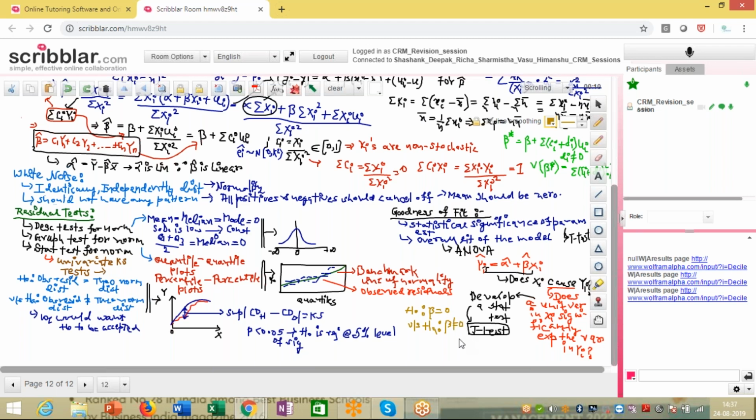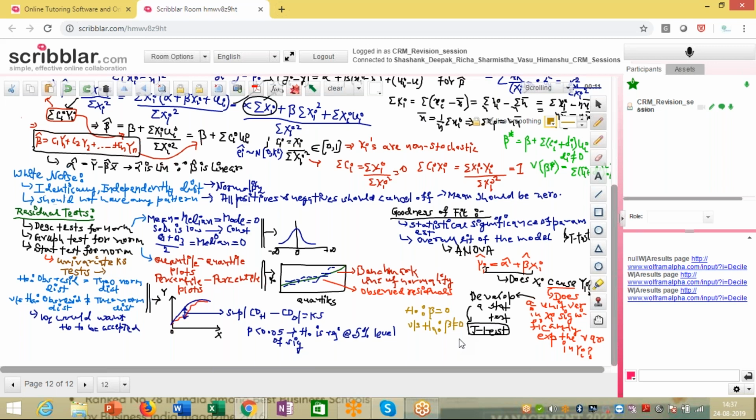So our conjecture over here is that the null hypothesis is that beta is equal to 0. The estimated value of beta that you can see over here, even if it is a value which is not different from 0, is nothing significantly different from 0.